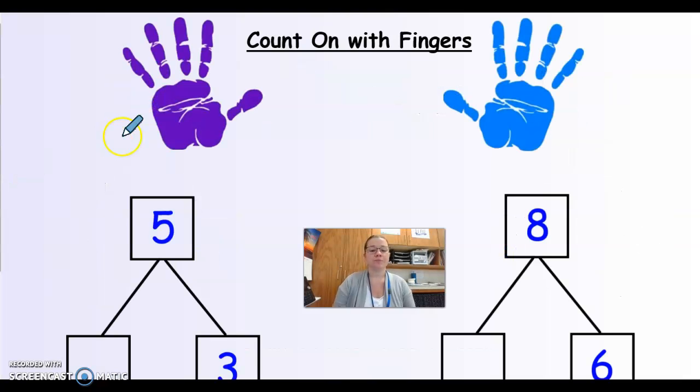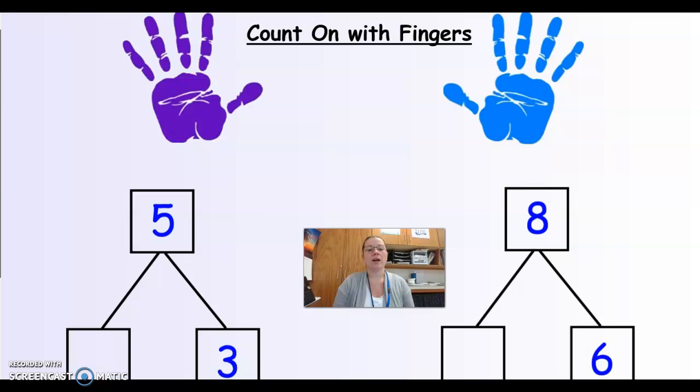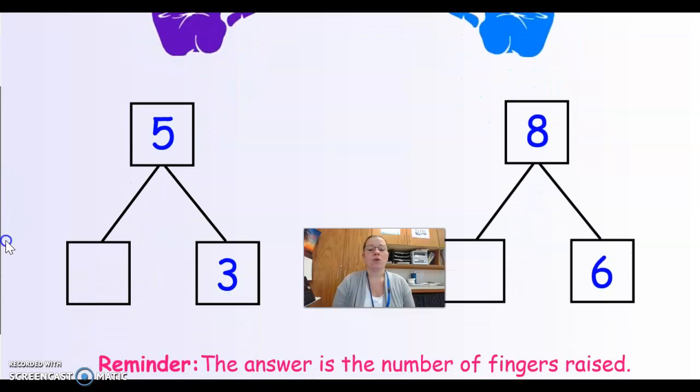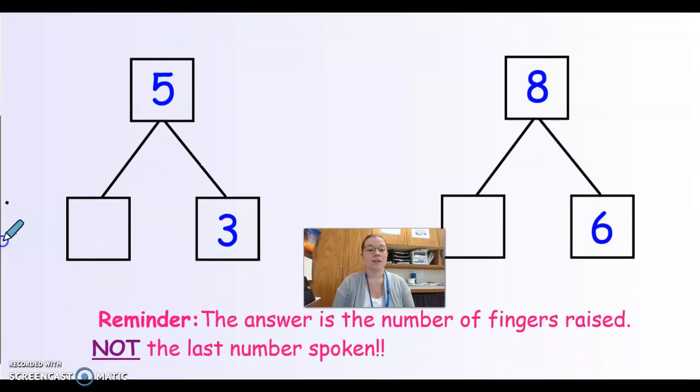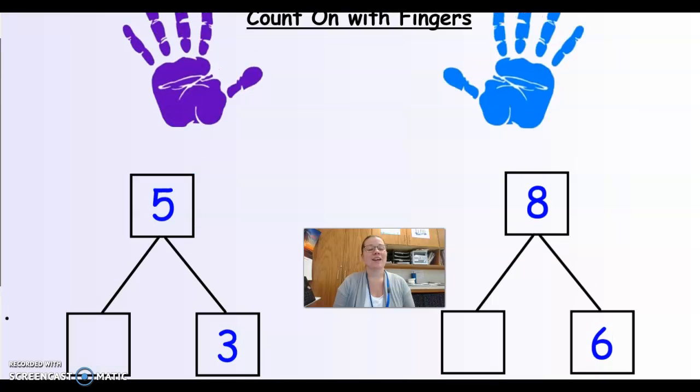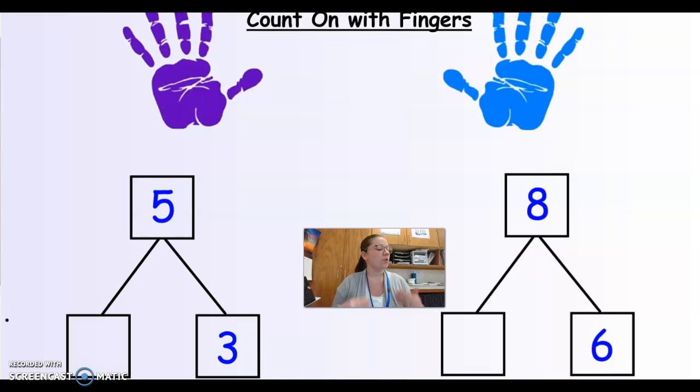Let's try another strategy. So we are going to try counting on with our fingers. The answer is going to be the number of fingers that you have raised, not the last number you say. It's kind of tricky, but once we get practicing, you will understand. So in this first one, we are going to start at 3 and we need to get to 5.